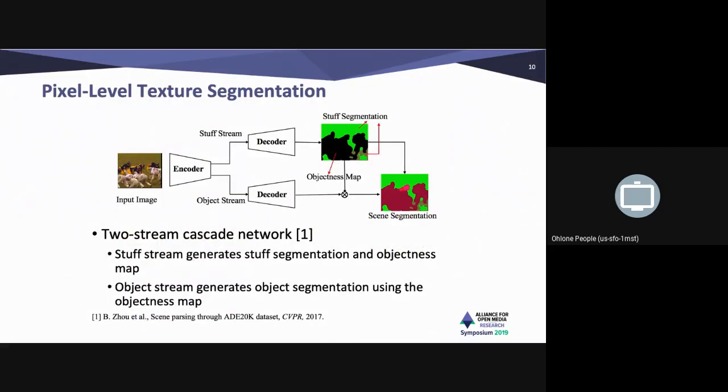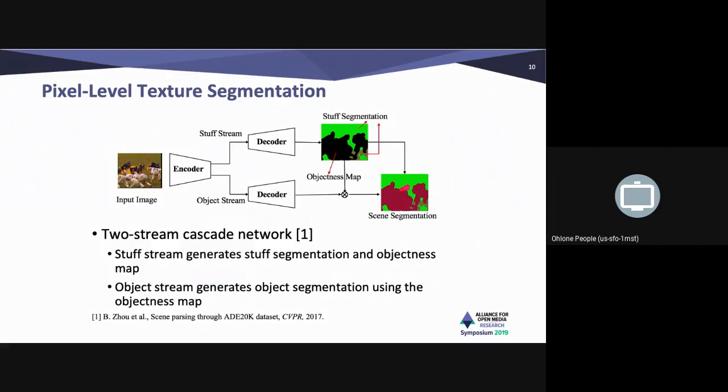So in particular, this pixel-level texture segmentation uses a two-stream cascade network. You have a stuff stream, which covers the larger texture-like areas, like the grasses, the trees, and so on, that are of interest.